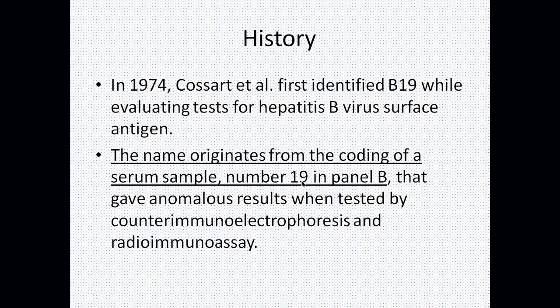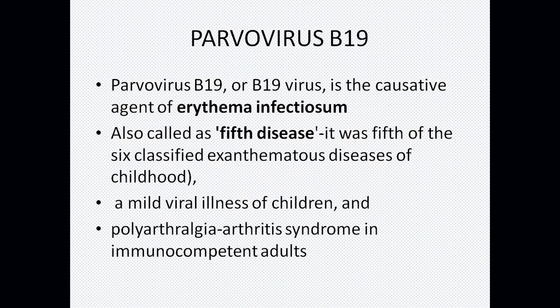So that particular sample showed different results with these methods. He found that it was something different from what had been seen, and it was then developed as parvovirus. So now it's also known as B19.